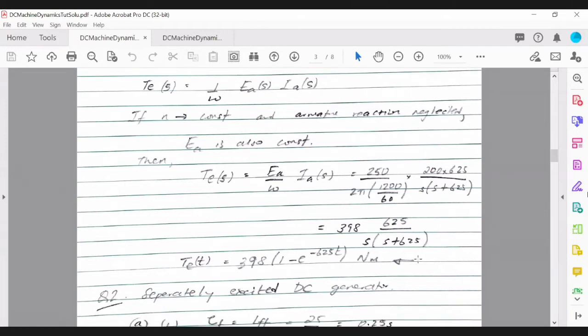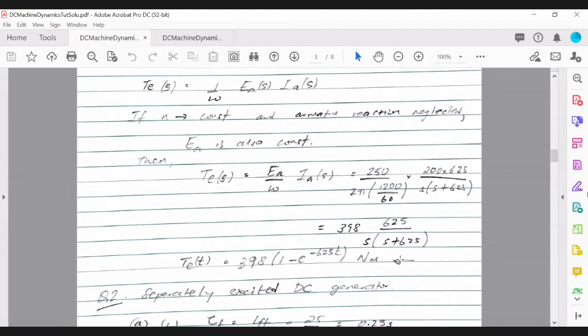So again, you end up with an equation that you can do the inverse Laplace transform directly. You end up with this term here, which is 398 into 1 minus exponential of minus 625t Newton meters for the electrical torque in the generator.